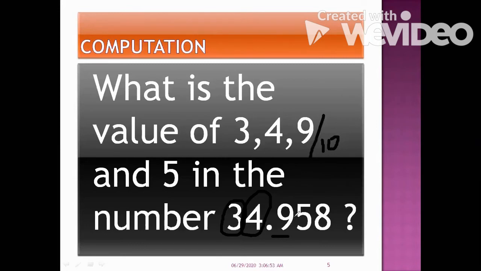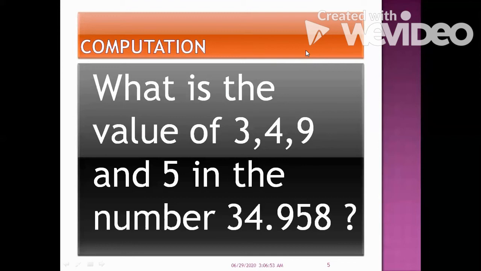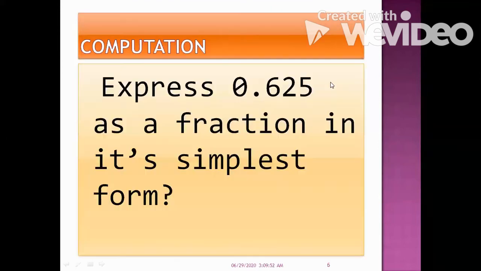So the value of 9 in this number is 9 tenths. The value of 5 will be 5 hundredths, or 5 over 100. And the value of 8 will be 8 thousandths, or 8 over 1,000. Alright, so that was pretty simple. Let's move on.